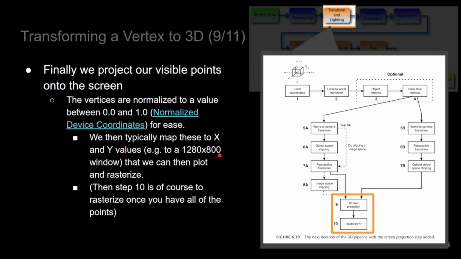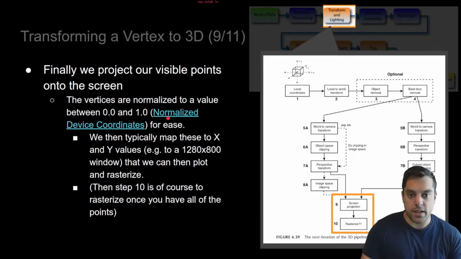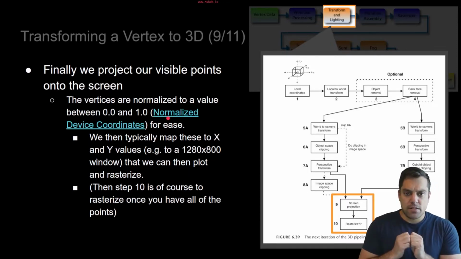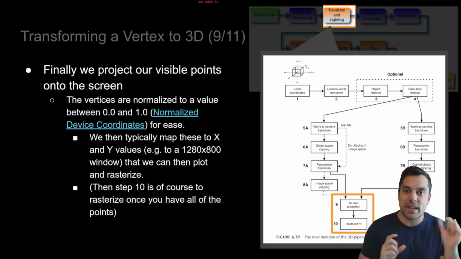All right, so finally, the next step, once we've projected our visible points on the scene, we have everything from the right perspective and so on, we go through this step where we convert our vertices so that they have everything in a graphic space again that is normalized.